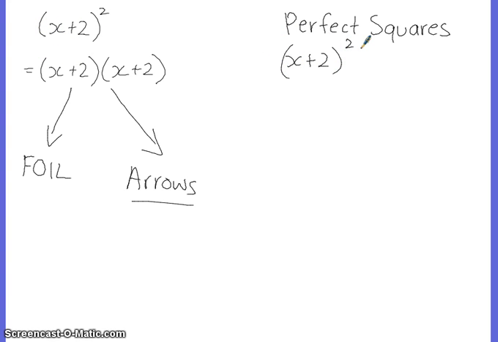And I'll show you probably a shortcut of doing this. A shortcut way of doing this is to say you want to square the first value. So we would square x. You're right with that? We want to square the second value. That's plus 2. We want to square that.